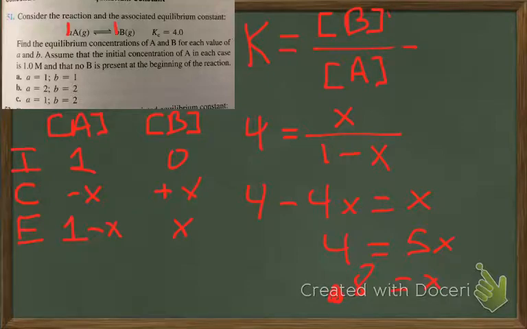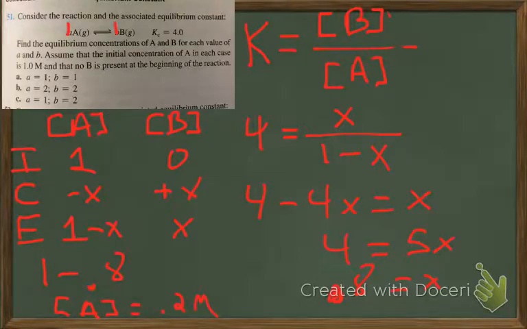Okay. Now, if x equals 0.8, we want to know what the concentration of A is going to be and what the concentration of B is going to be. So the concentration of A is going to be what at equilibrium? 0.2. You guys see that? 1 minus 0.8, because x is 0.8. So the concentration of A at equilibrium is 0.2 molar.